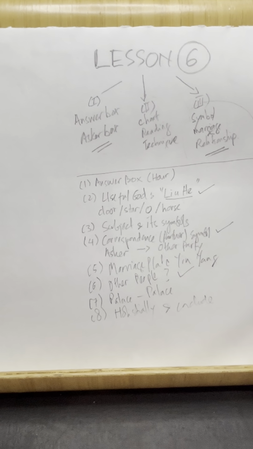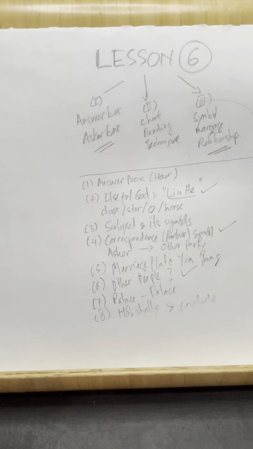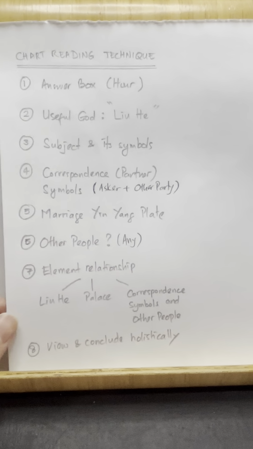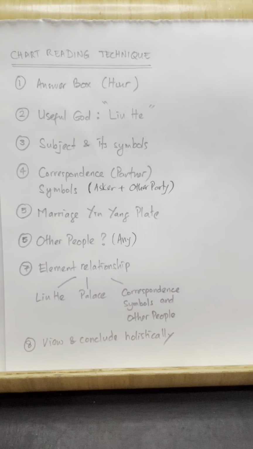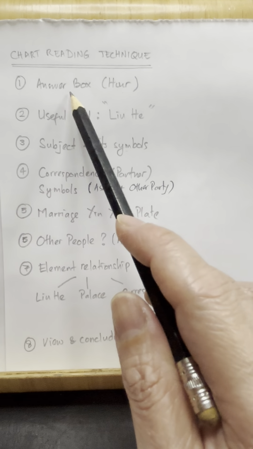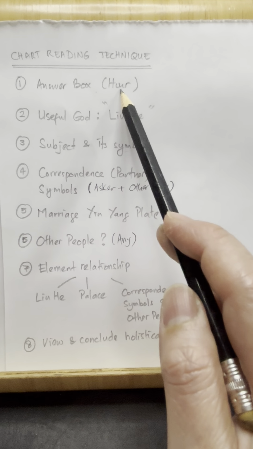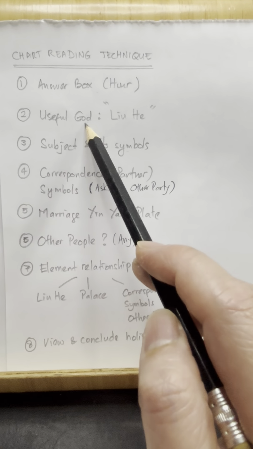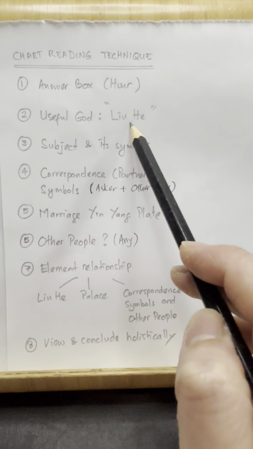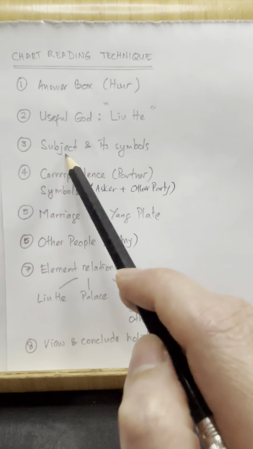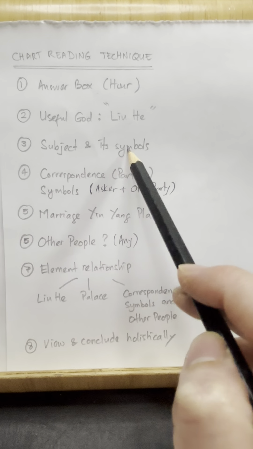So again, this is the summary. In reading the chart for relationship, we have to identify the answer box, which is in the hour pillar. Identify the useful god, Liu He, and whatever symbols are inside. We have to see the subject and its symbols.